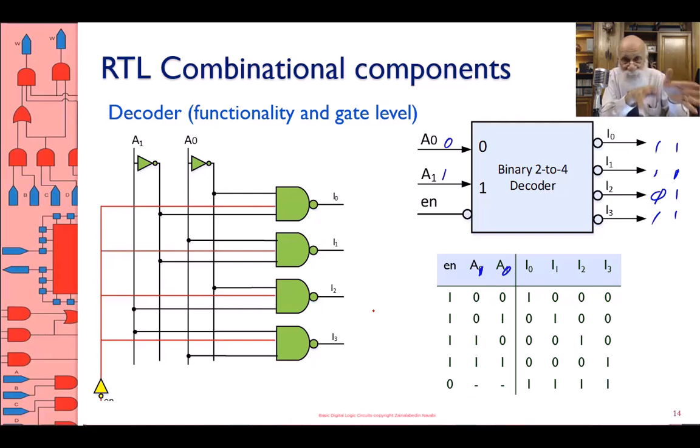We will see that in a few minutes. Okay? For now, take it from me that I'm going to add an inverter so that I make my enable active low.